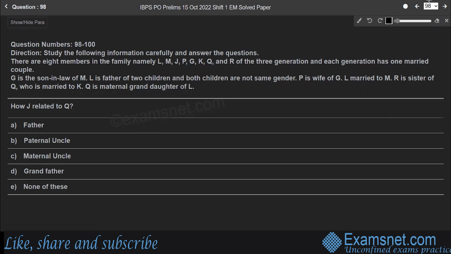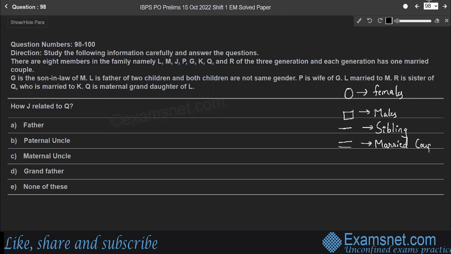So let us represent these relationships using a family tree, in which we are using some symbols. A circular symbol for all females, a square symbol for all males, a single horizontal line for siblings, and a double horizontal line, that is parallel lines, for a married couple.